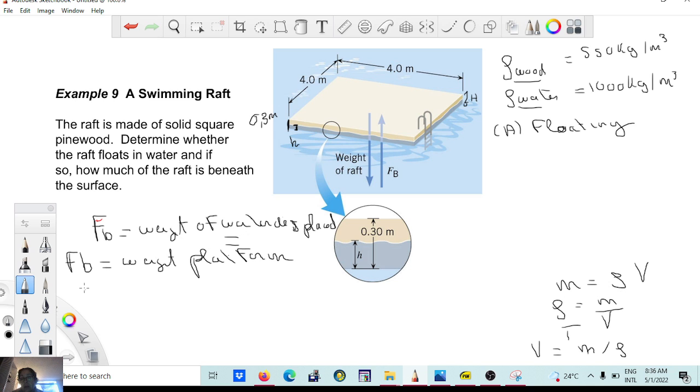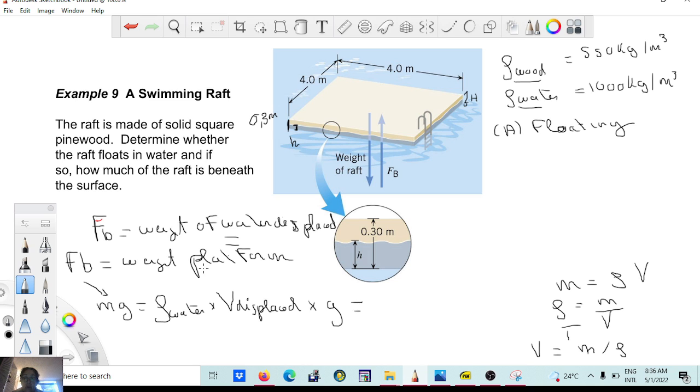So the weight of the water displaced is going to be m, the mass of the water displaced, times g. That's going to equal the density of the water times the volume of the water displaced, which is not equal to the volume of the platform, because only that part of the platform is underneath the water, right? So the volume of the water displaced is only this part here that is underneath the water, times g.